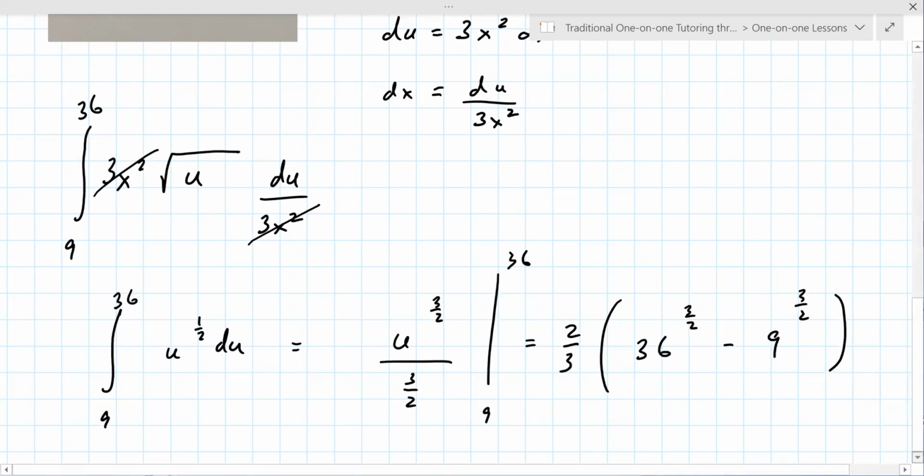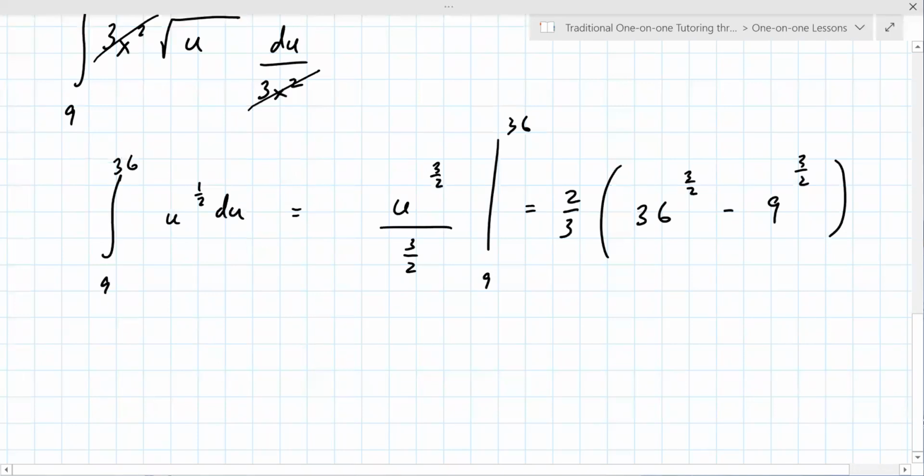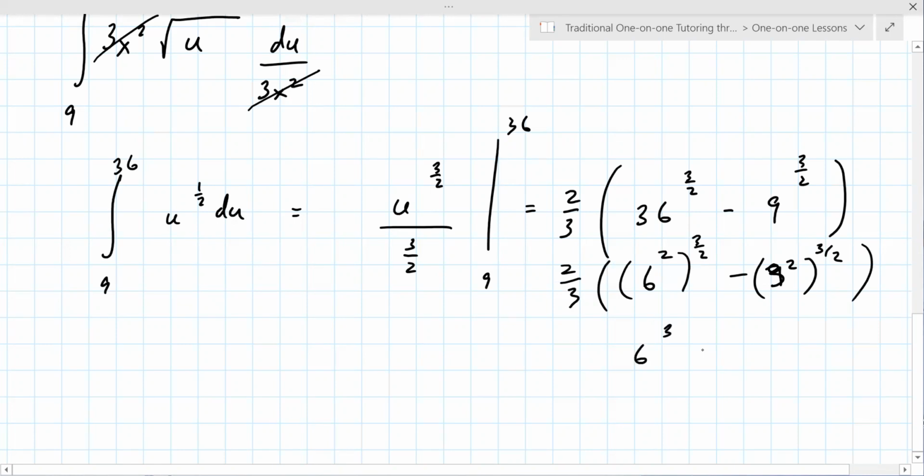And this could require some amount of comfort level with these. So 36 is really 6 squared to the 3/2 power, and 9 is really 3 squared to the 3/2 power. When you have an exponent to an exponent, you multiply. So the denominators cancel. This becomes 6 cubed minus 3 cubed.